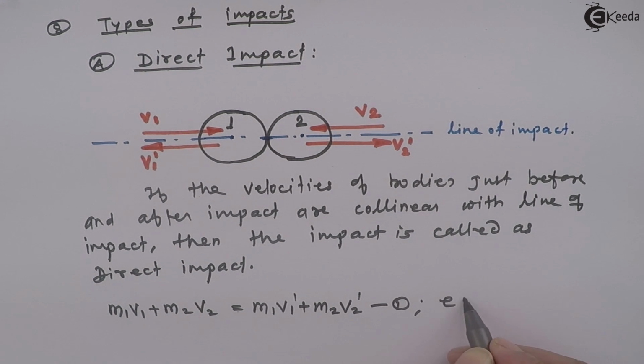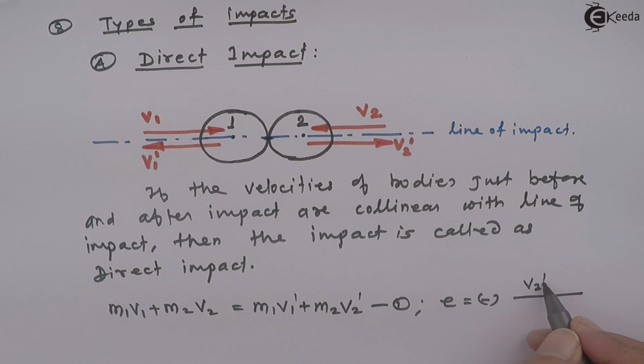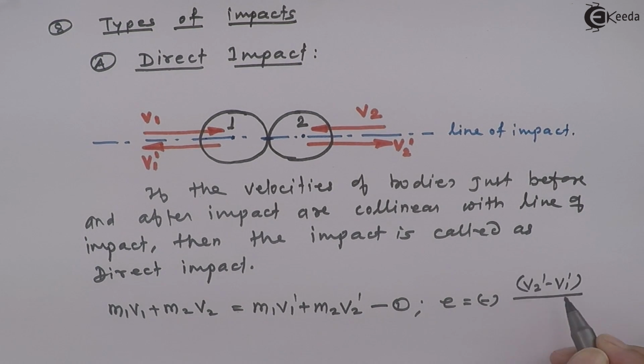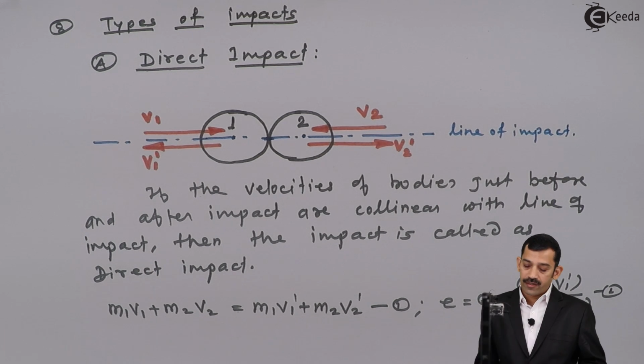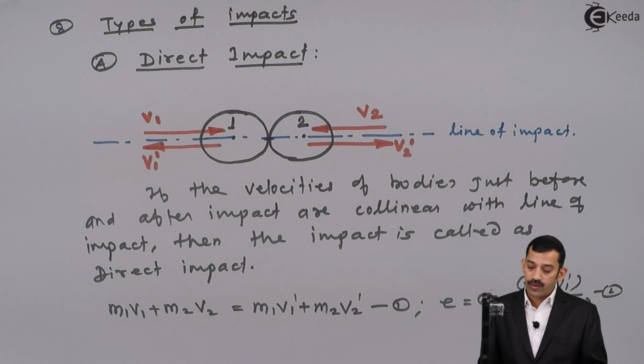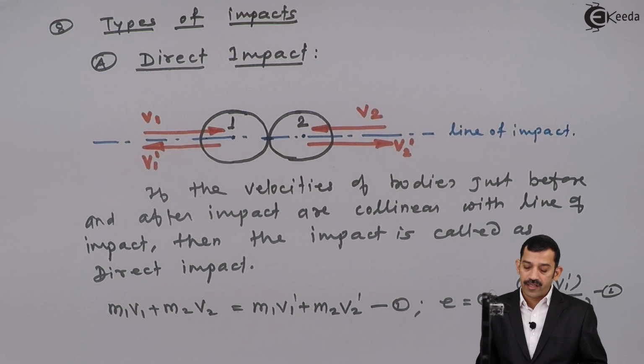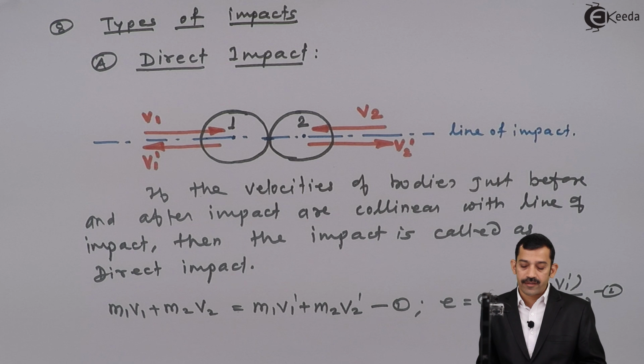And next, what we get here is e equals minus of (v2 dash minus v1 dash) upon (v2 minus v1). Both equations are valid as they are, but the condition is what? When the velocities of bodies before and after impact are collinear with the line of impact, this impact is called direct impact. One more type of impact is possible depending on the direction of velocity.